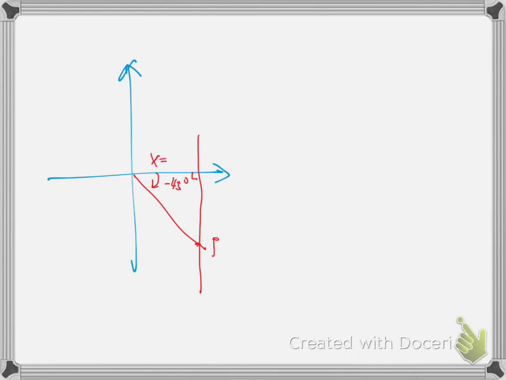Now x is 1, y is -1, and r is radical 2. This time x is positive because it's on the right. So sine of -45 is y over r, which is -1 over radical 2. This is the first page of the reference list.